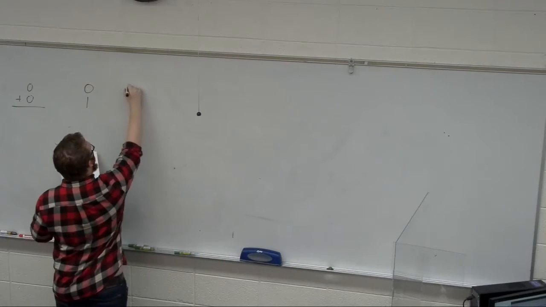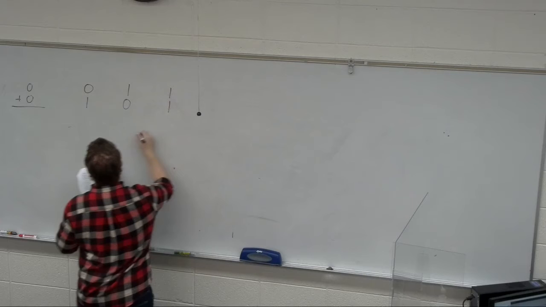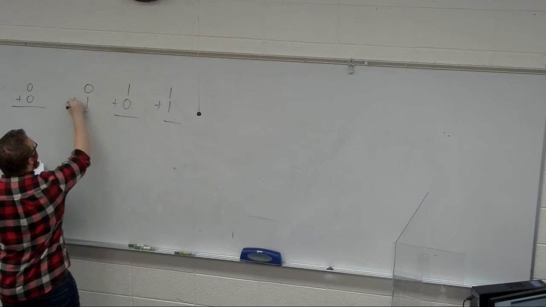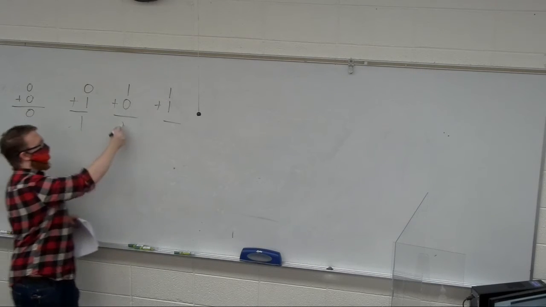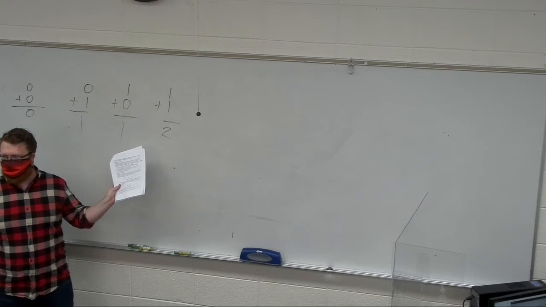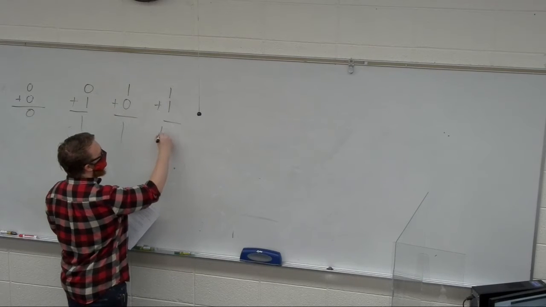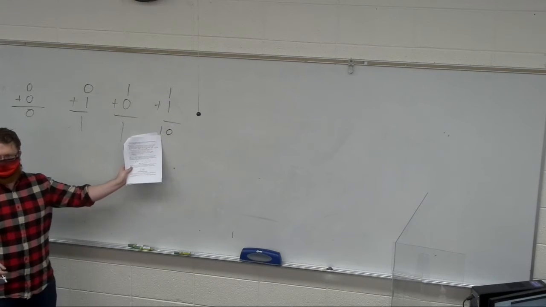Okay, we can do this, right? Well, 0 plus 0 is 0. 0 plus 1 is 1, 1 plus 0 is 1, that's 1, that's 2. Wait, no, not, right? What is it? Yeah. So we have an issue because now we've got that spillover, right?